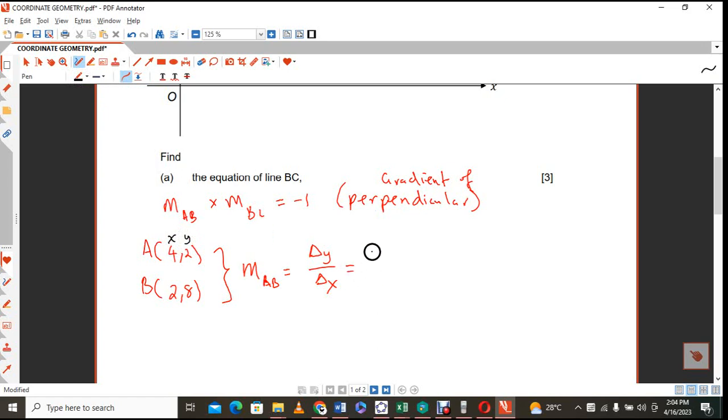I will start with point B, so I'll say 8 minus 2 over 2 minus 8. Because I started with point B, I must also start with B's coordinate in each part.